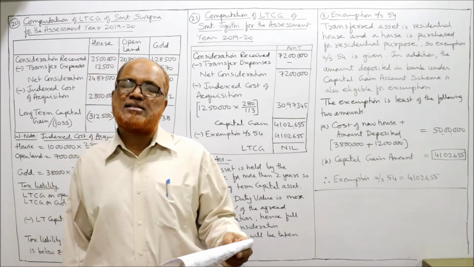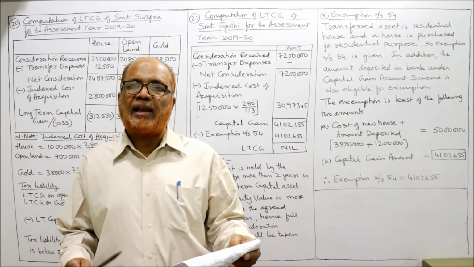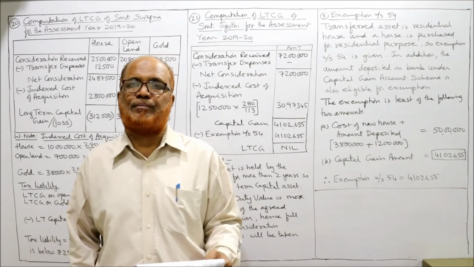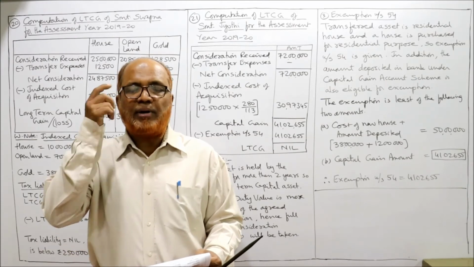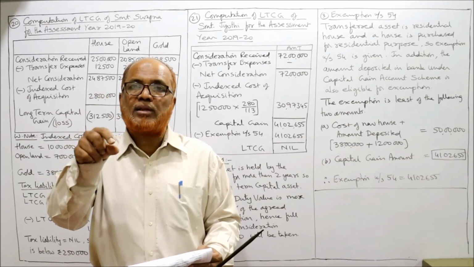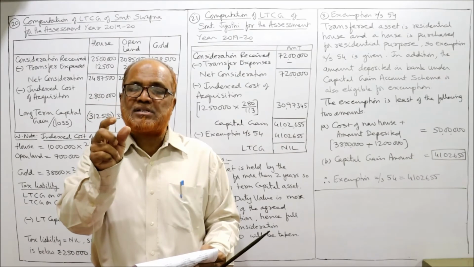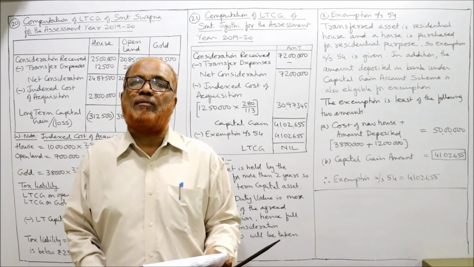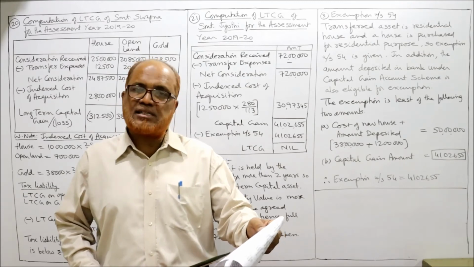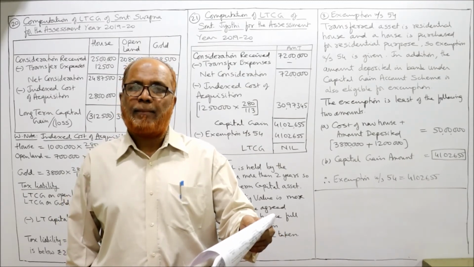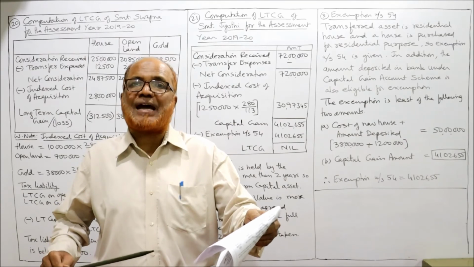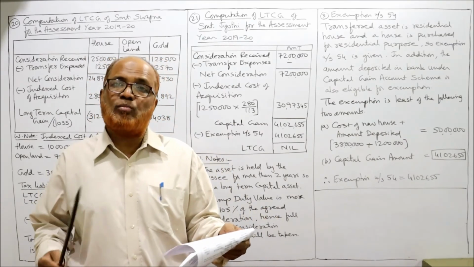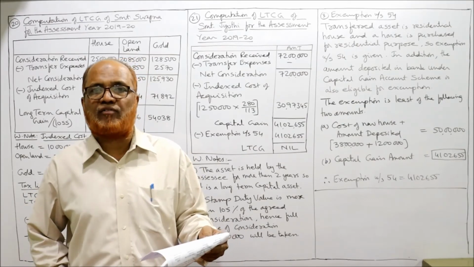The Income Tax Act says, if the government valuation is more than 105% of sale consideration, then we should take the government valuation. Here, the sale consideration was 60 lakh, but the government valuation according to stamp duty is 72 lakh. Now we have to find out whether it is more than 105% or less than 105%.